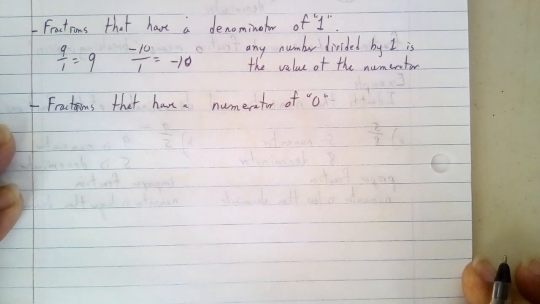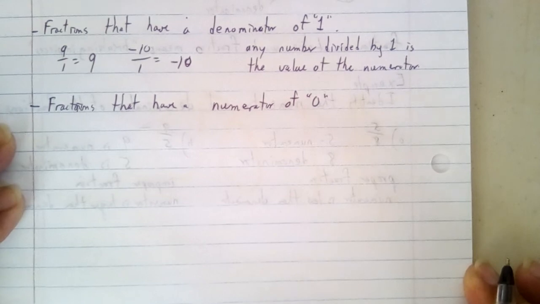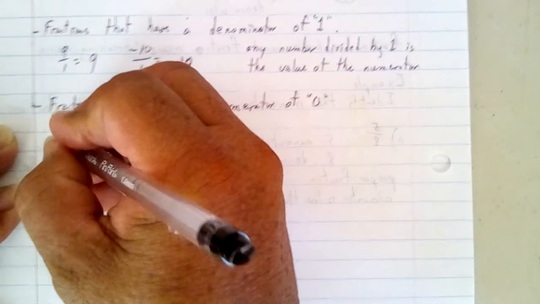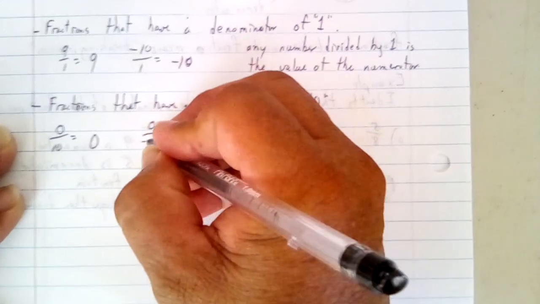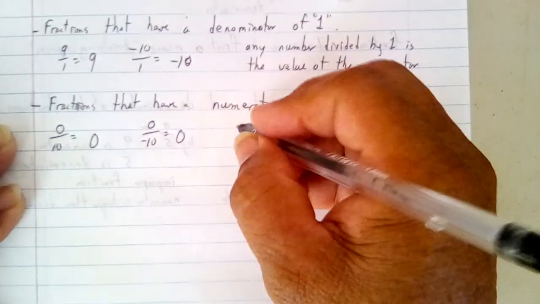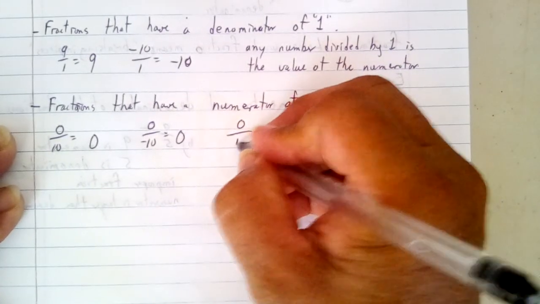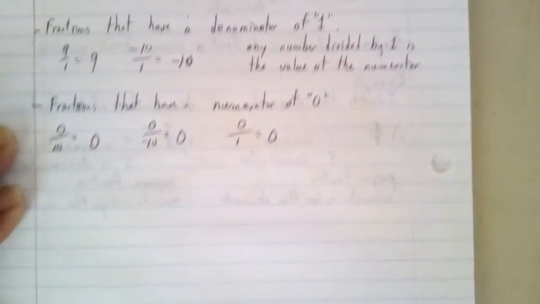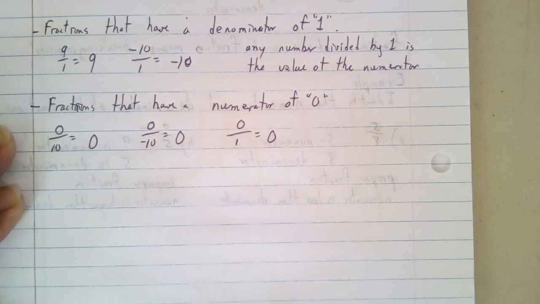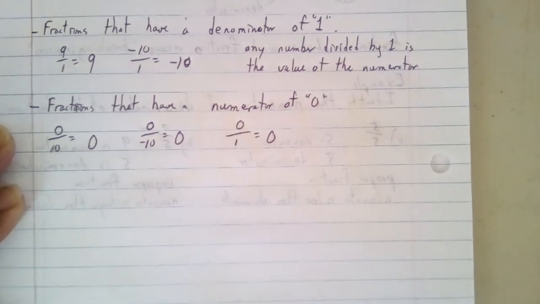The result will be 0. So if we have 0 divided by 10, that is 0. 0 divided by negative 10, that is still 0. 0 divided by 1, it is still 0. Okay, that's what that means. The numerator of 0, that's the third special fraction.